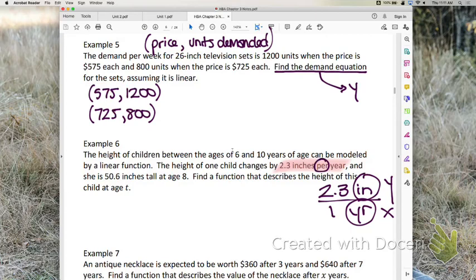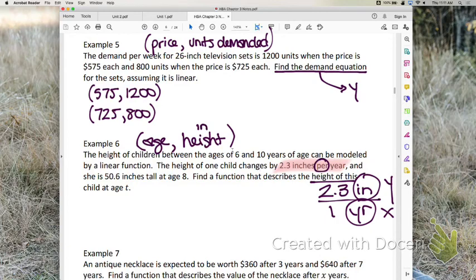All right, also, I told you that last sentence will often tell you that. So if I read through that, it says, find a function that describes the height. The height, therefore, is the Y. Okay? So there's several places they're telling you which one's the X and which one's the Y. It's just learning to recognize them. So one thing I will write down is my age is my X and my height is my Y, or inches is your Y, whichever one you want to put.